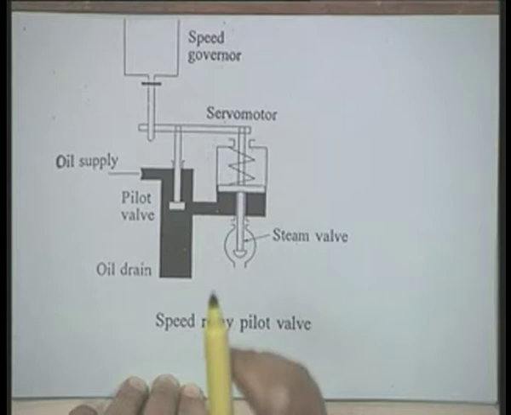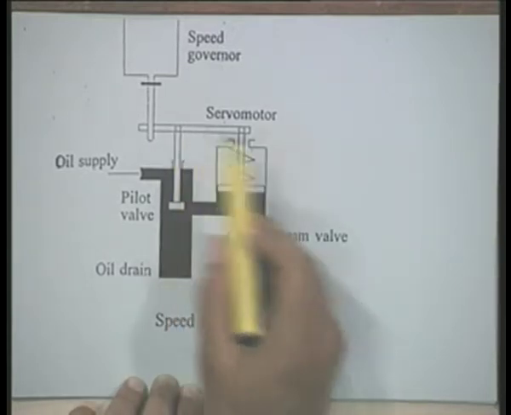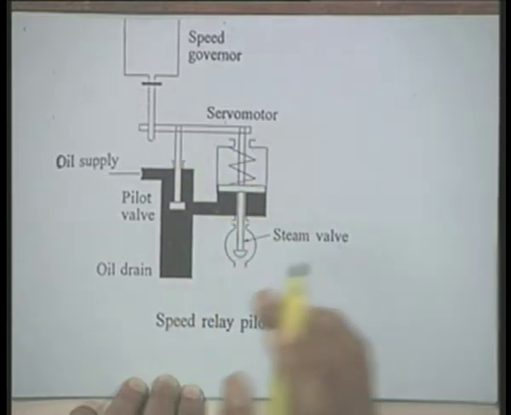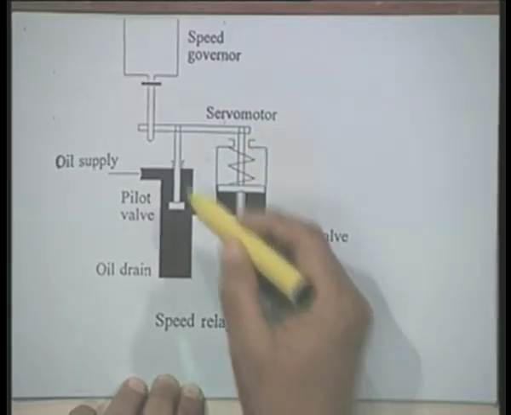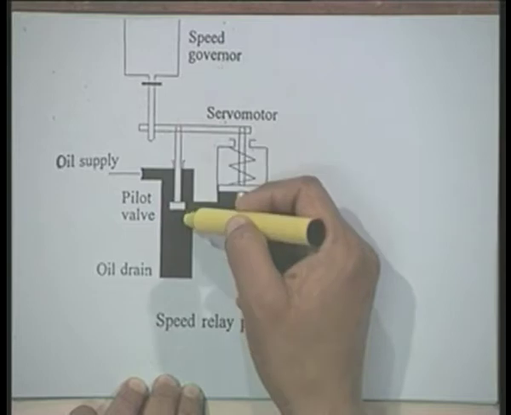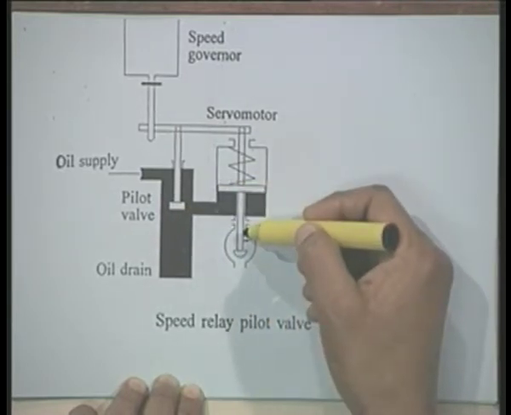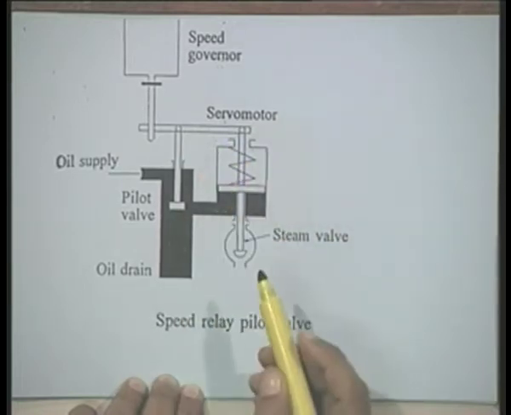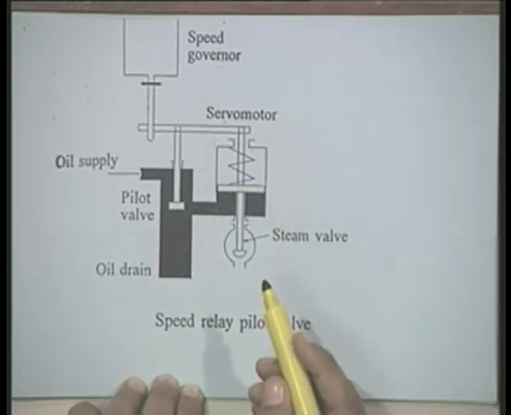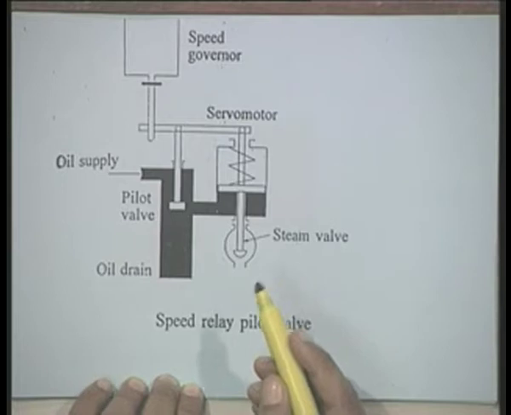Now, here you will see a very interesting thing, that whether I talk about a hydraulic servo motor or a pilot valve, right, there will always be a linkage between the valve piston and the actual servo motor piston. This linkage is basically to provide what is called negative feedback. This is a negative feedback always.